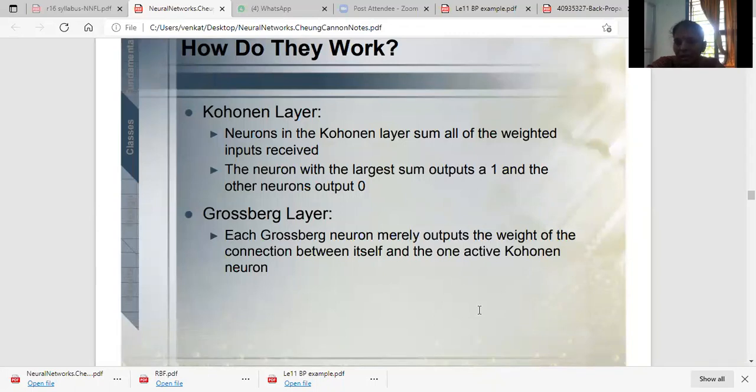So all the weights are summed up in your Kohonen layer. Whereas in Grossberg layer, each neuron outputs the weights of connection between itself and one active Kohonen neuron.